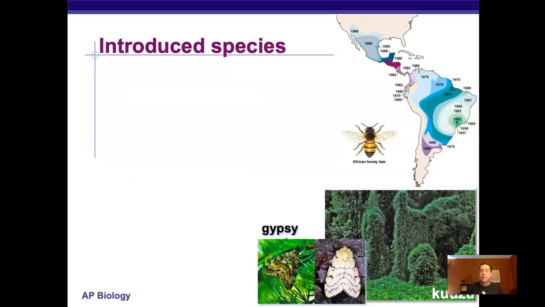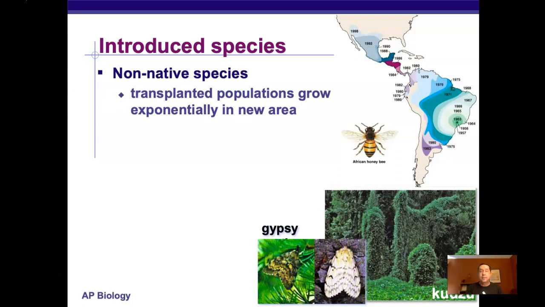Introduced species have caused lots and lots of havoc. Sometimes they've been introduced intentionally, but more often than not, it's been unintentional introduction by human activity. So these are non-native species, species that don't normally live there, that came from somewhere else. Because they don't normally live there, they don't experience a lot of the controls that the native populations do. They don't typically have predators that eat them.